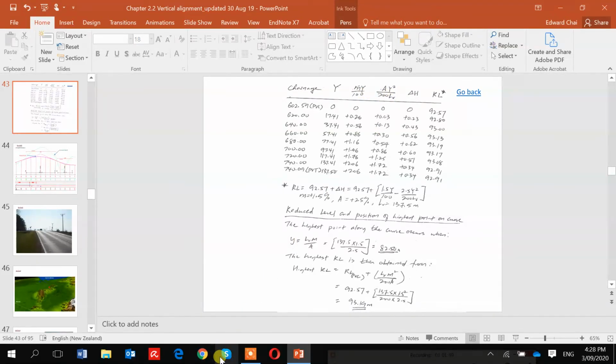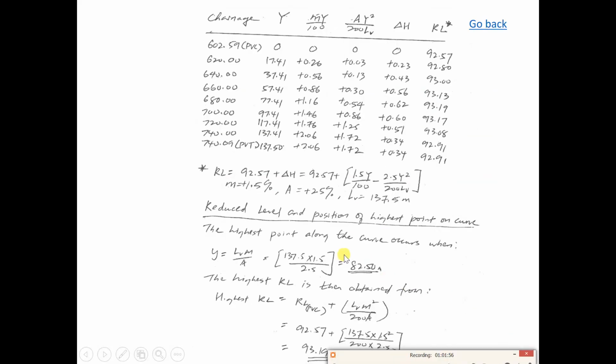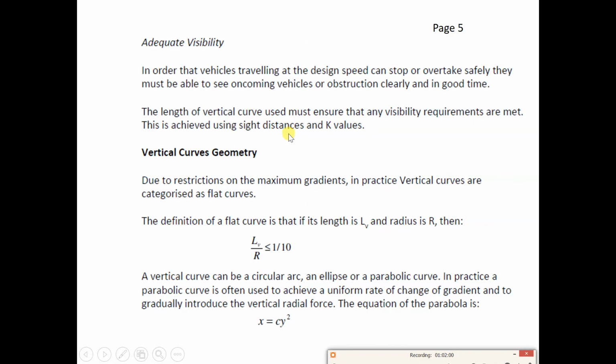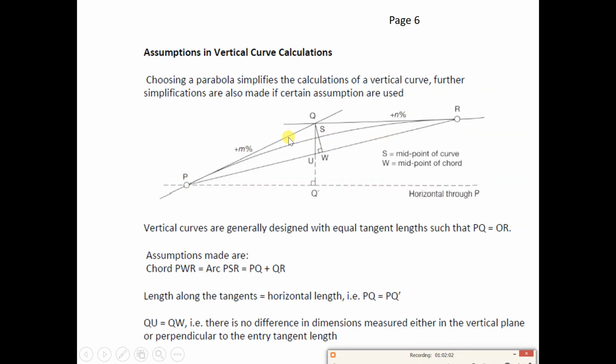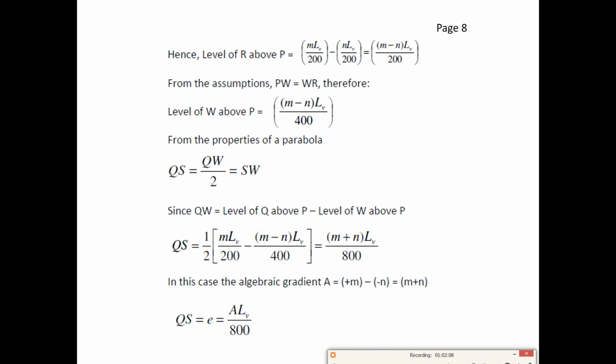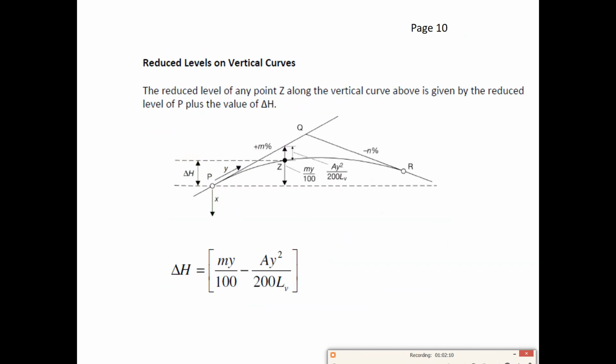I just point out where they are. Let me see. So you look at this term here.